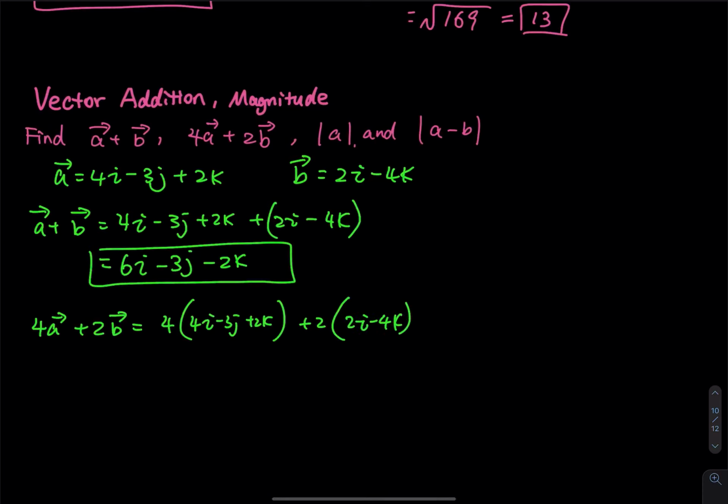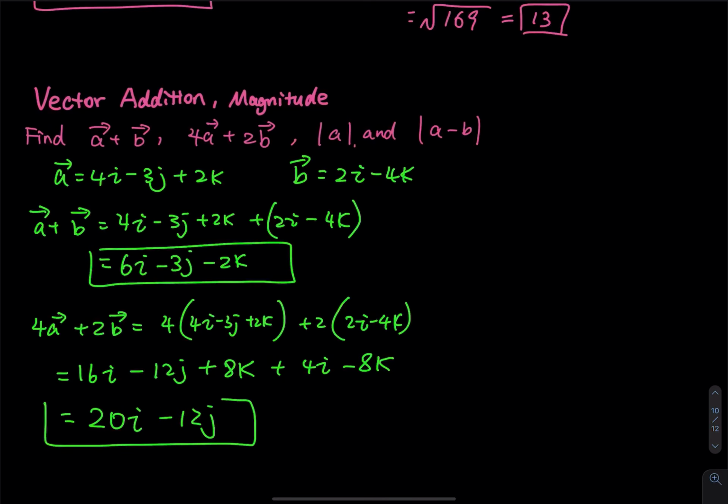You perform the distribution, so that will be 16i minus 12j plus 8k, and then plus 4i minus 8k. So we have 16 plus 4, that is equal to 20. Negative 12 stays as negative 12, and then 8 minus 8 is equal to 0. So that is the answer to the second subproblem.